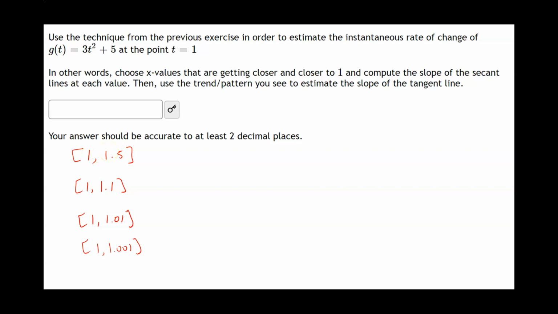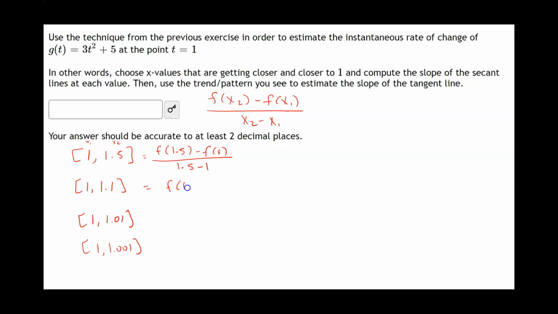And we also know that slope is given by f of x2 minus f of x1, which is y2 minus y1, divided by x2 minus x1. So for all of these problems, we have our x1 and we have our x2. So here we have f of 1.5 minus f of 1 divided by 1.5 minus 1.